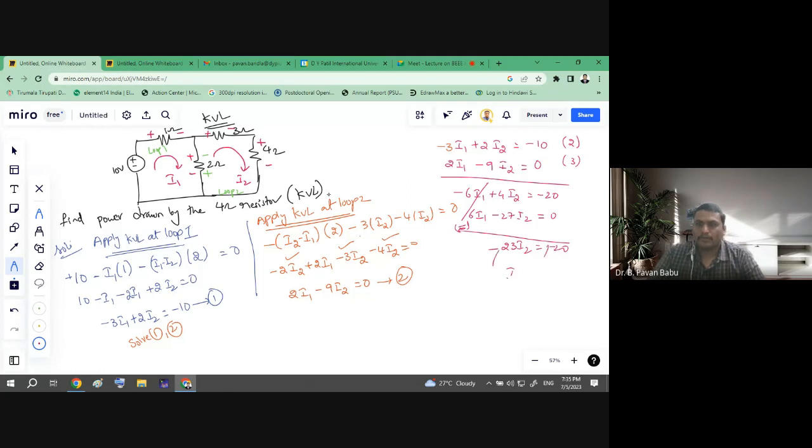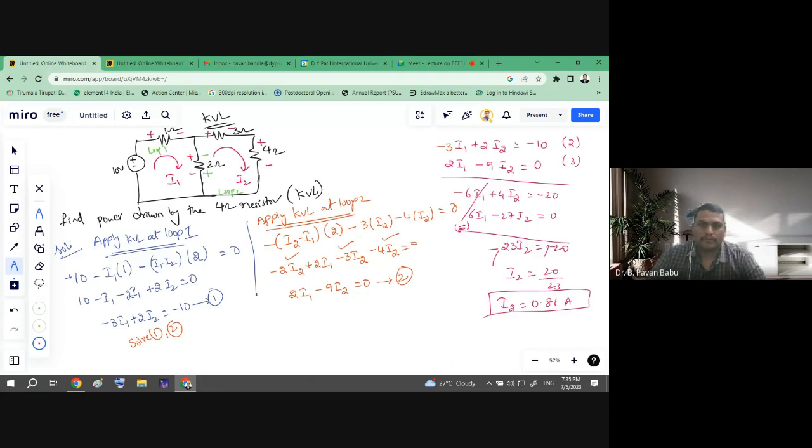So I2 equal to 20 by 23. Let me check. It is I2 equal to 0.869, or 87 approximately. So I2, maybe this is okay.